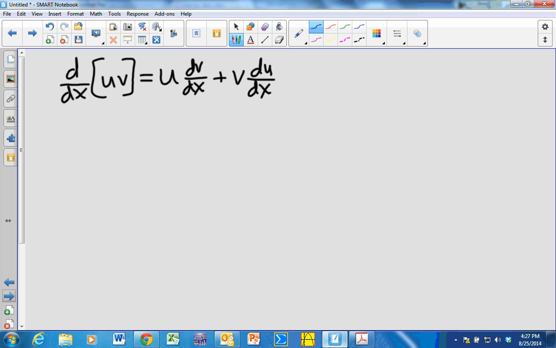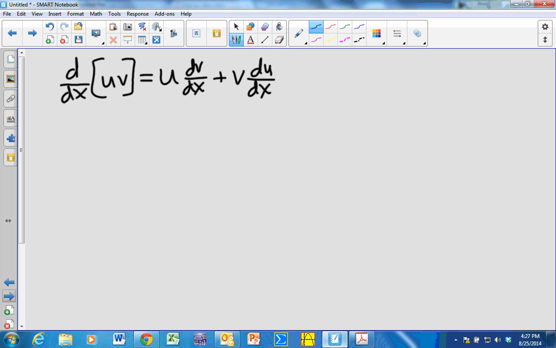It does you good to learn that with those words. So I would hit pause and I would write those words down and fill that in. So it's first times derivative of the second plus the second times the derivative of the first.